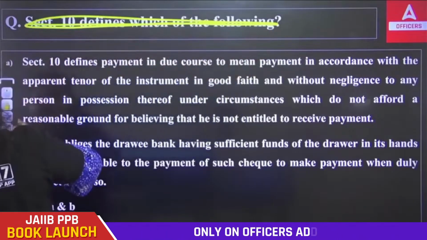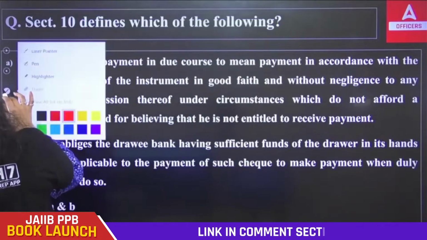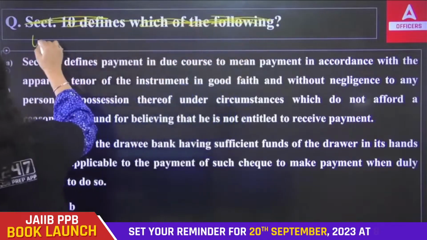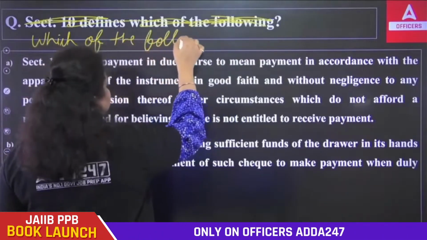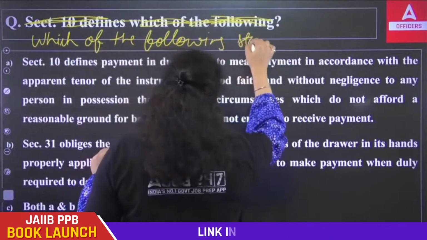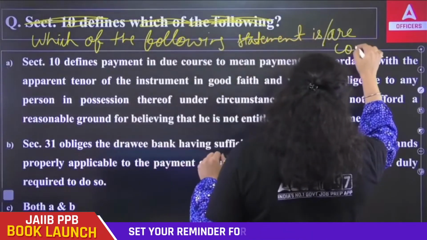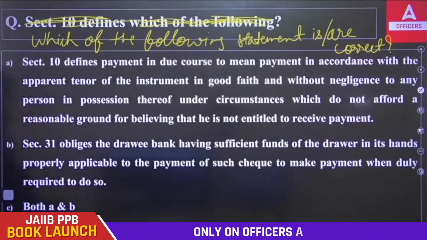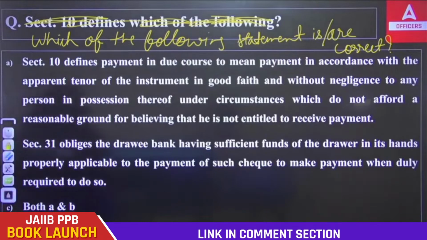The question here is actually, which of the following statements is correct? So what do you think, which of the following statements is correct? The first one which talks about section 10, or the second one which talks about section 31, or both, or none of the above?